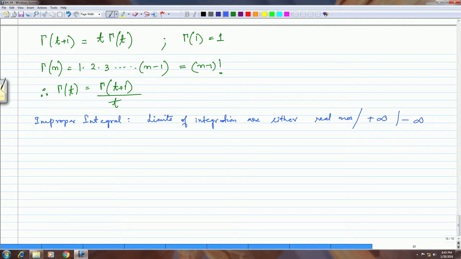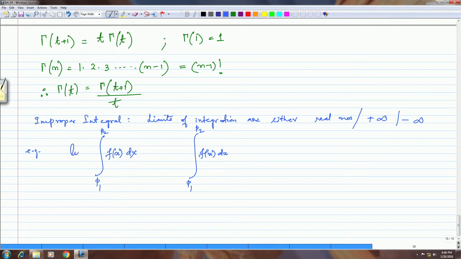What I mean by that, for example, say we have functions like this, the integral from p1 to p2 of f(x) dx.